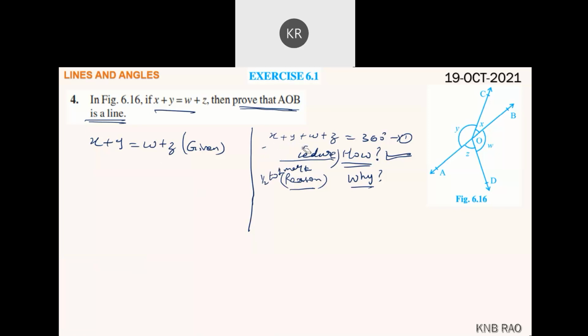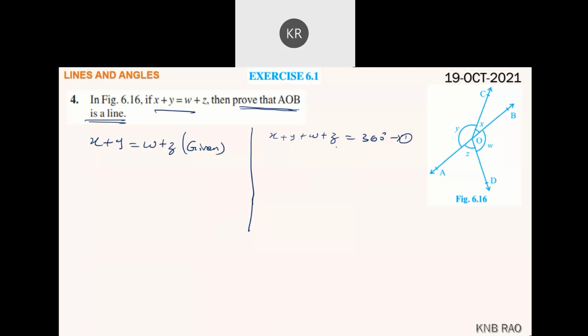That's the reason why we normally tell the children to write properly. If you write the beginning parts of the solution, statement, given, to be proved, construction, at least you will get 1.5 marks. Though you are not proving, you'll get 1.5 marks out of 4.